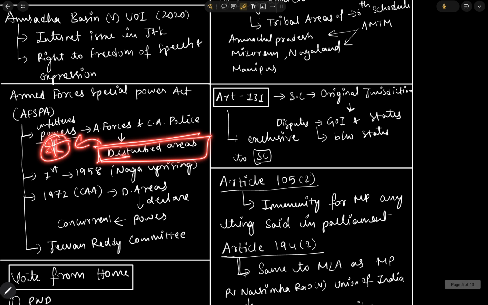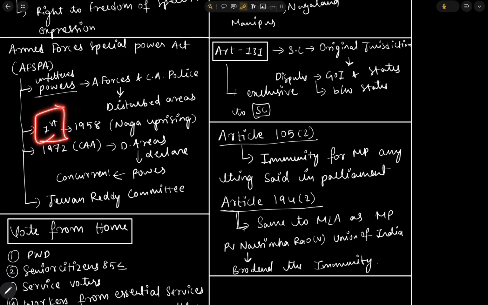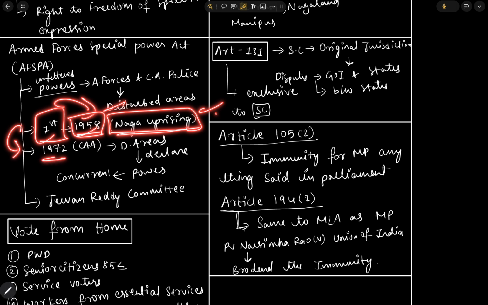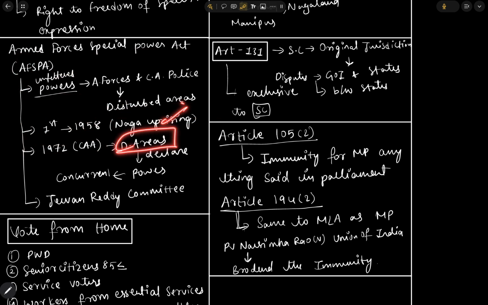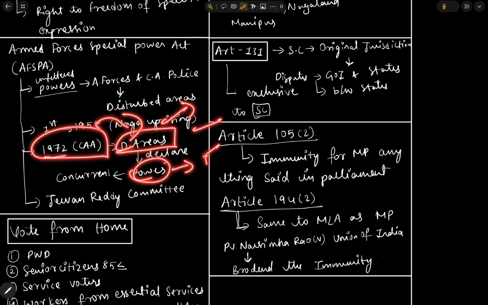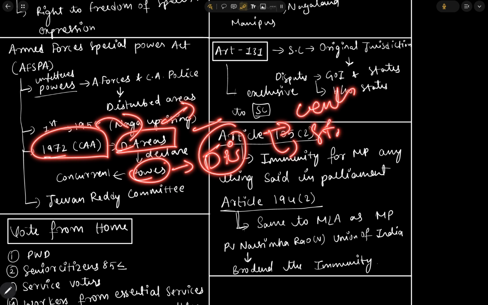It was first enacted in 1958 during the Naga uprising, and then in 1972 there was a constitutional amendment in the AFSPA, that is the Armed Forces Special Powers Act. Where the disturbed areas are concerned, the power to declare a disturbed area rests with the central government, and also with the state.